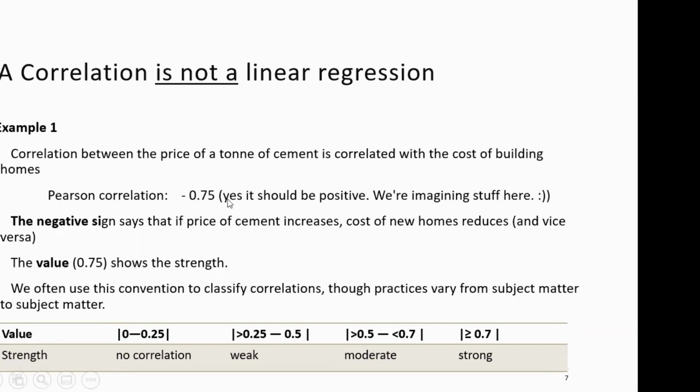If the correlation between the price of cement and the price of building a house is negative 0.75, tell us three things: the direction, the strength, and the implication. Let me talk a little about implication. My school of thought is that research science, especially in public health, is for decision making.